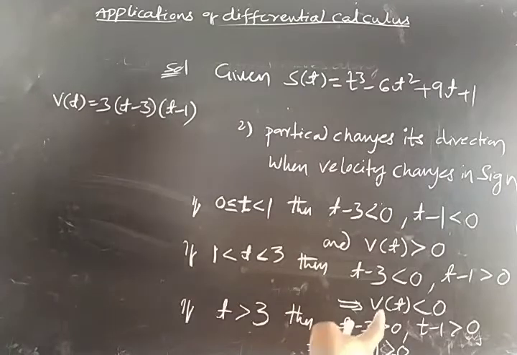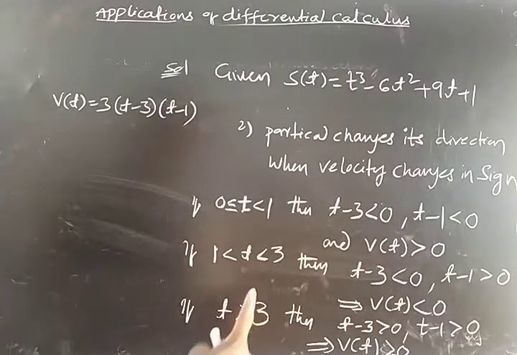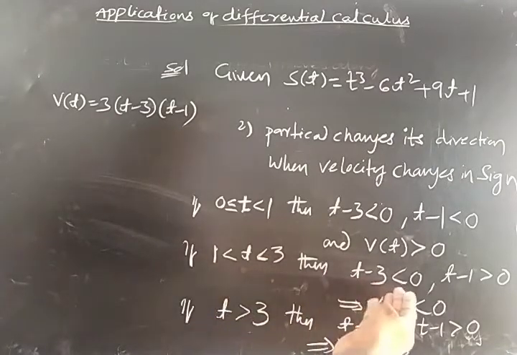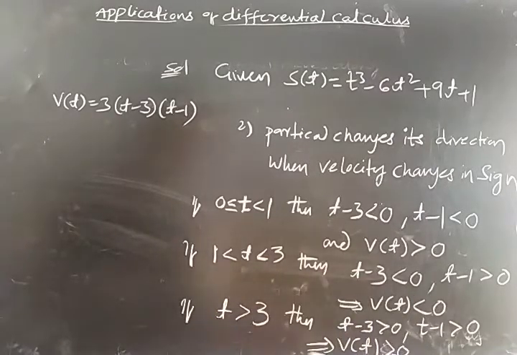So here we have v of t less than 0, and here we got v of t greater than 0. That means when t is less than 3, velocity is negative, when t is greater than 3, velocity is positive. So velocity changes its direction at 3. So at 3 seconds also the particle changes its direction.